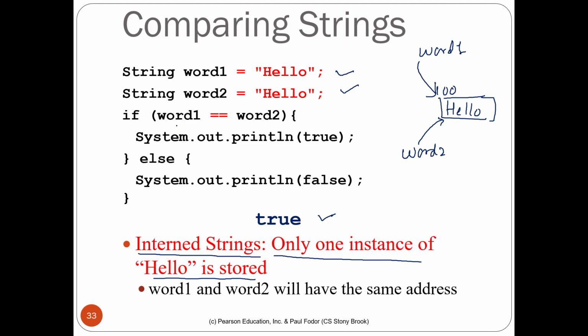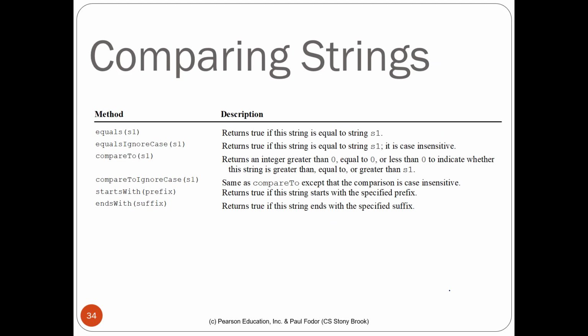And when you then do word1 double equal to word2, then you get a true, right? So in this case, because of this concept of interned strings, that means one copy of the string instance is being kept, you will get word1 and word2 to have the same address. Okay, good. Let's move on.